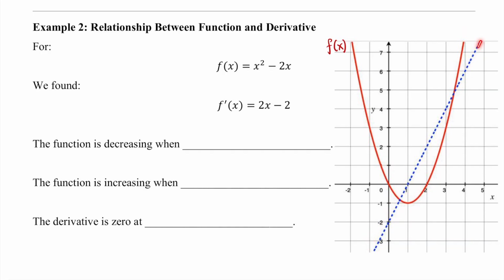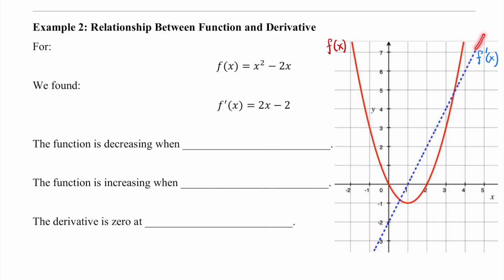The blue dashed line represents the derivative. The derivative tells us the slope of the tangent line to the red curve at each value of x. In other words, the blue line tells us whether the function is increasing or decreasing.